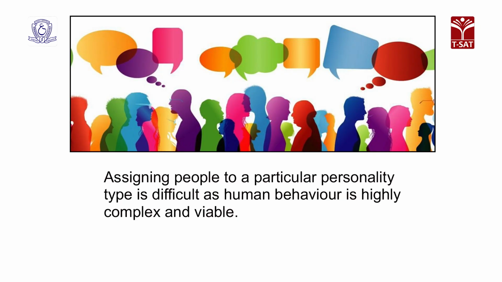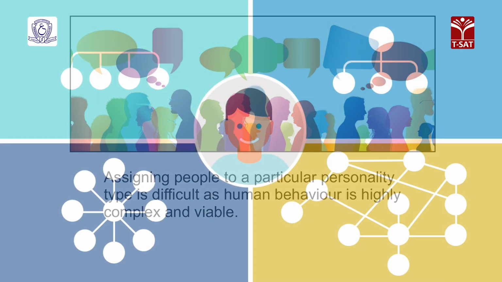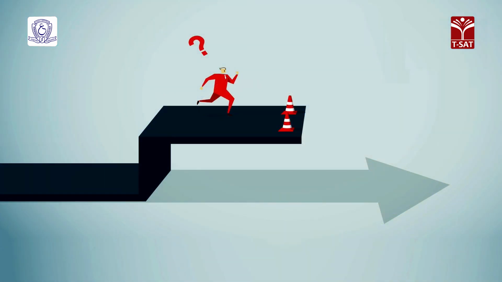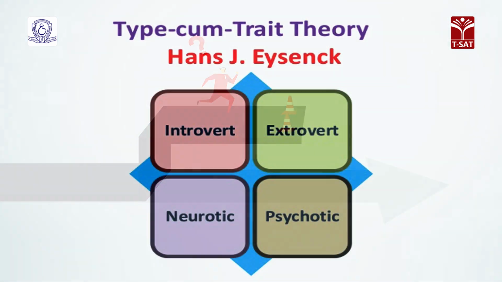On the other hand, assigning people to a particular personality type is difficult as human behavior is highly complex and variable. People do not fit into such simple categorization schemes so neatly. When such limitations are taken into consideration, the present theory, that is Eysenck's theory, which is trait-cum-type approach, plays an important role to understand personality.